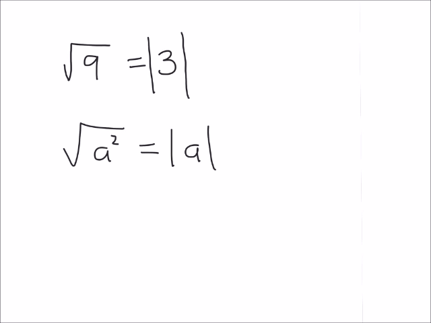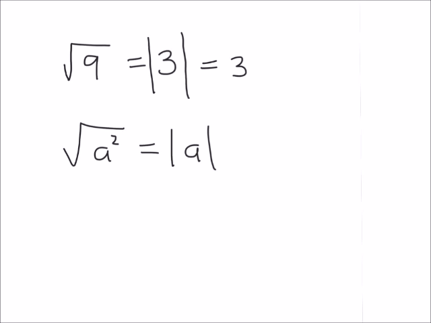And so when we recognize that the square root of 9 equals the absolute value of 3, well, we know the absolute value of 3 is simply 3. Well, in the algebraic representation, though, the absolute value of a is equal to plus or minus the evaluated value.